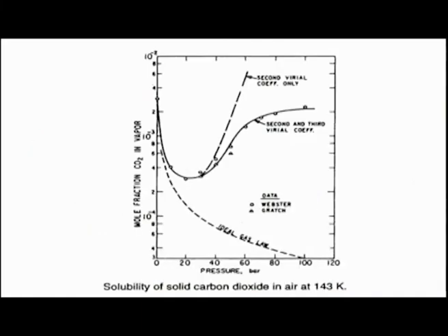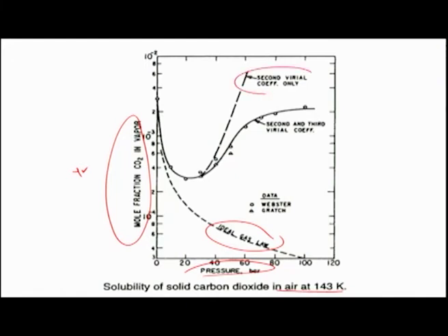Now, this is the solubility of solid CO2 in air at 143 Kelvin. This is the mole fraction of CO2, the solubility, that is Y2, as a function of pressure, and the symbols are the experimental data. If you had used only the ideal gas, it could capture only very low pressure.